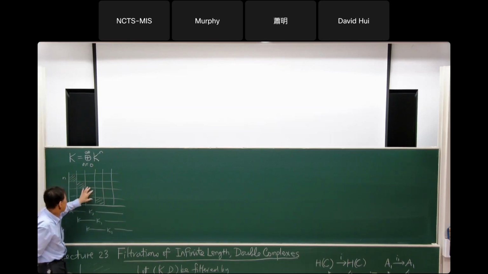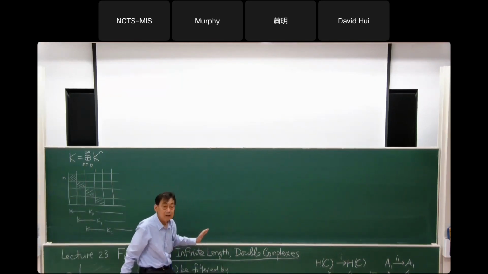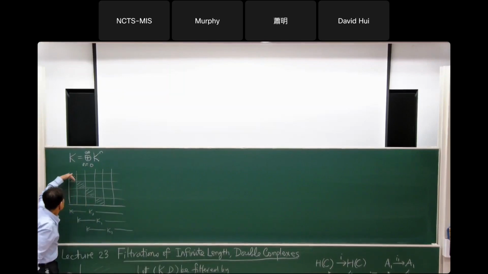Even though the filtration goes on forever, degree N consists of these diagonal elements. And so after N steps, the filtration becomes 0.